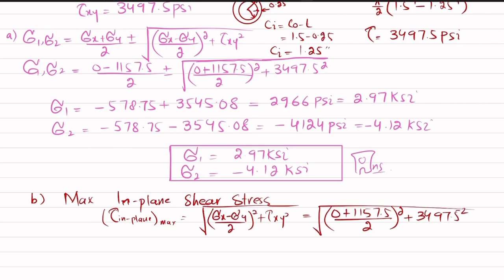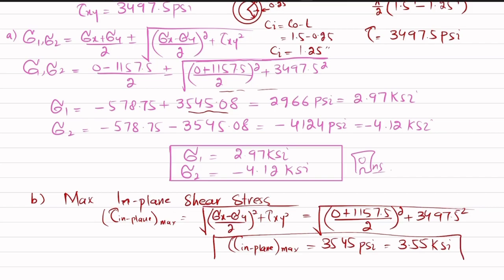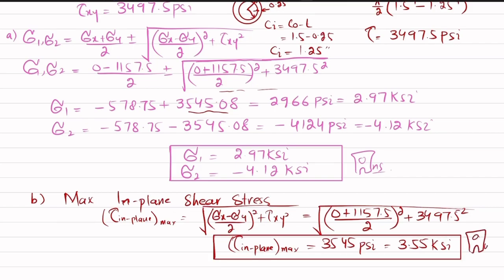You can see this is the same value as before, and this in plane maximum shearing stress comes out to be 3545 psi, or in KSI it will be equal to 3.55 KSI. And this is the answer of our second part, the maximum in plane shear stress.